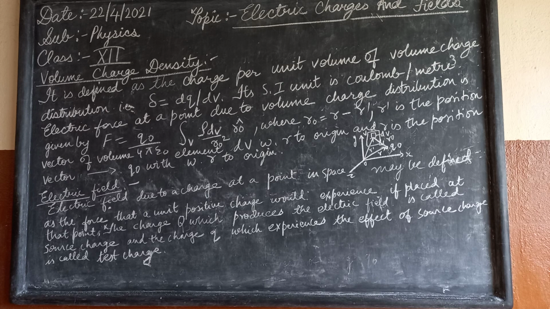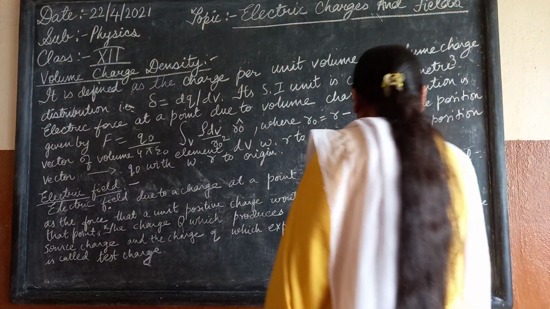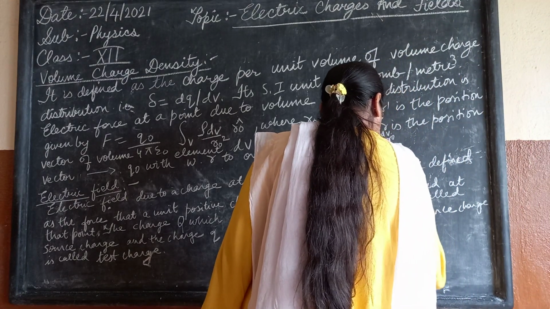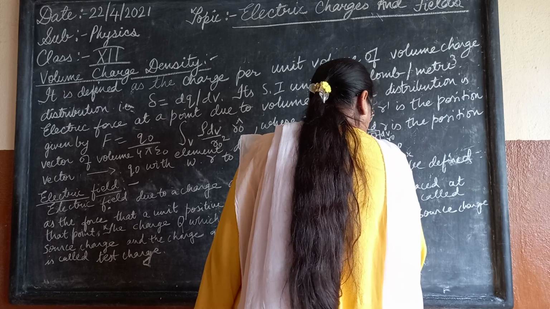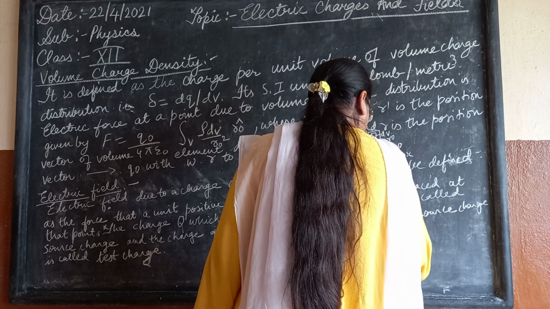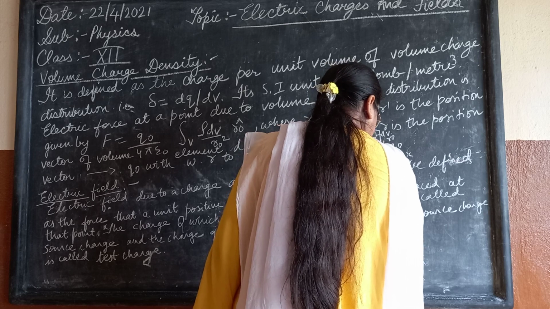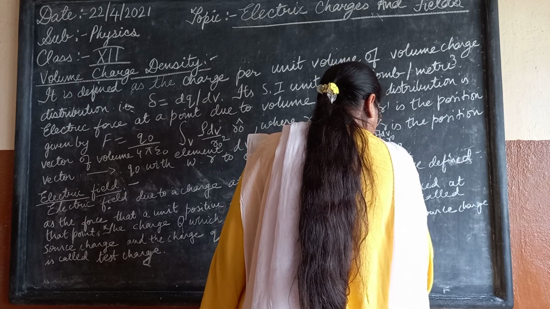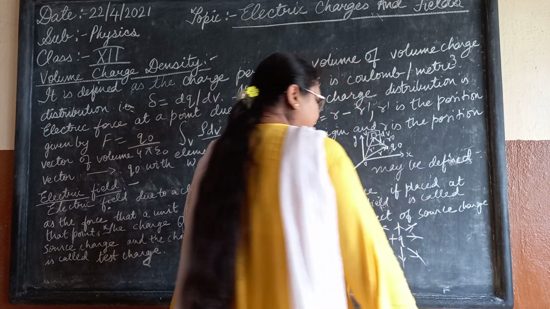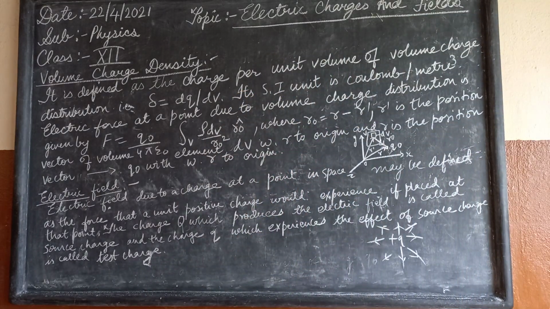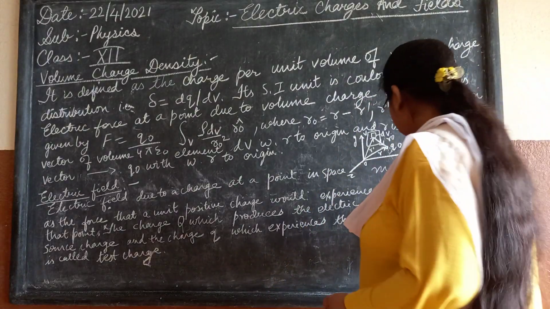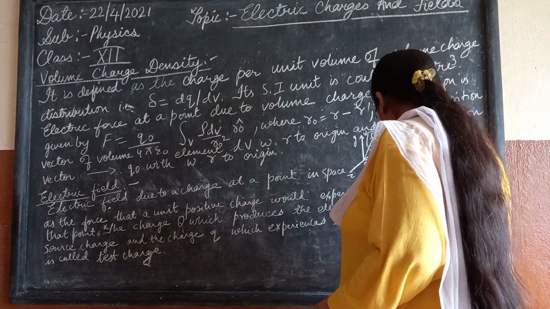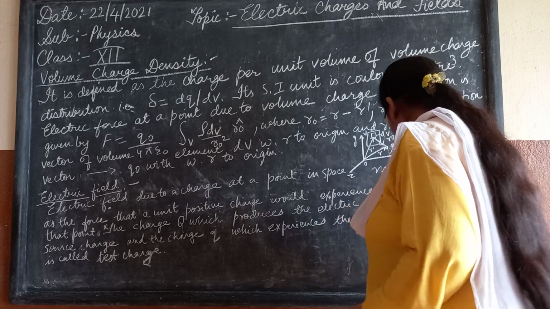The figure represents the electric field due to the charge plus Q. This is the plus Q charge, and the field lines go outward, because the field is directed from higher potential to lower potential.